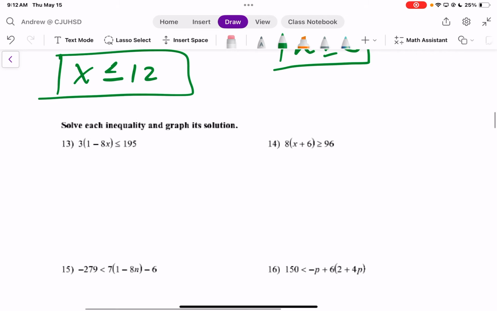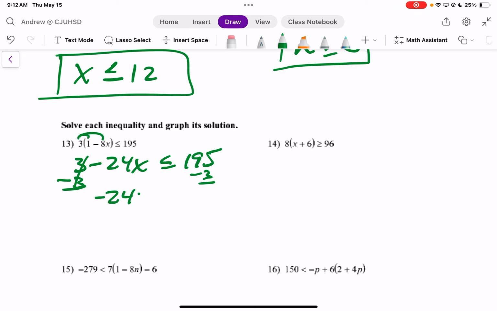So these are multi-step. I'll go ahead and keep distributing. 3 minus 24x less than or equal to 195. Assuming you're going to have a calculator on this, so take away 3. 192, and 24 will go in there evenly. It goes 8 times, but now look, we just divided by a negative.